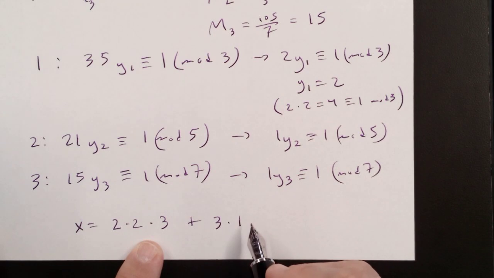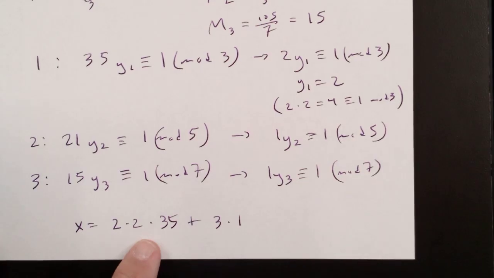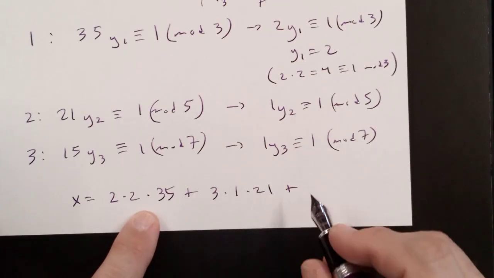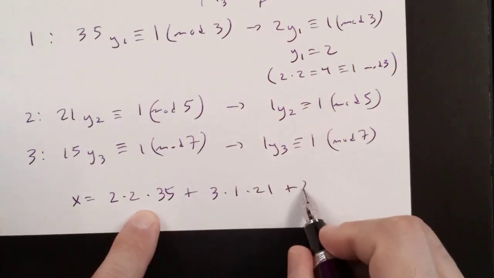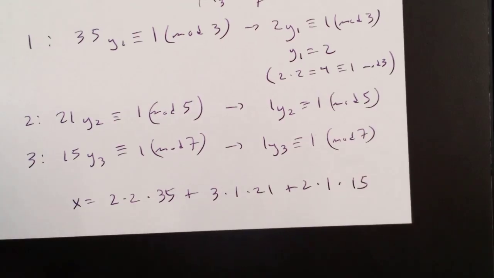Oh, wait a second, wrong m. 35. Capital M, not little m. So here it's 21. These numbers. And then it'll be 2 times 1 times 15. Give me that number.